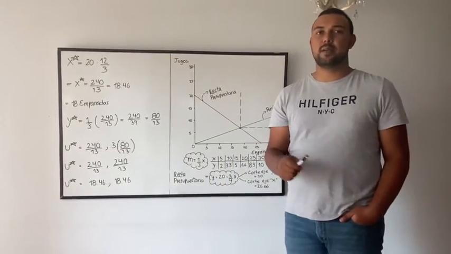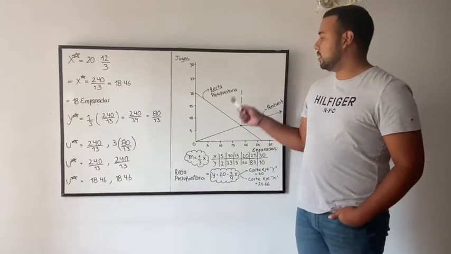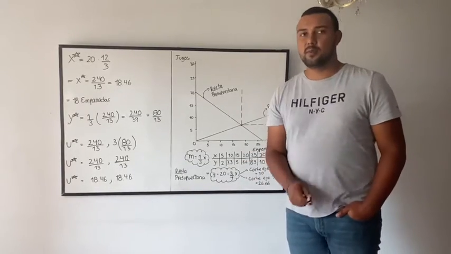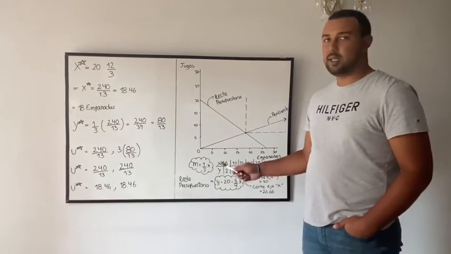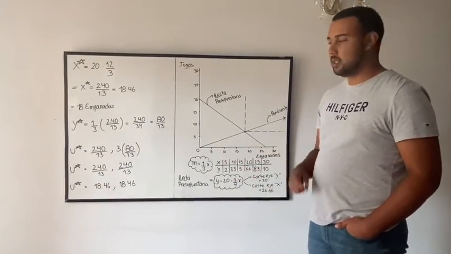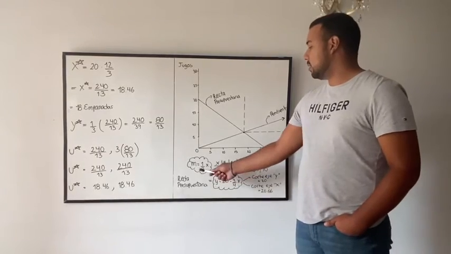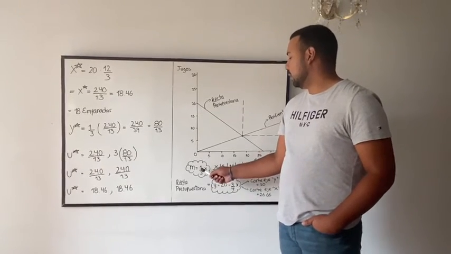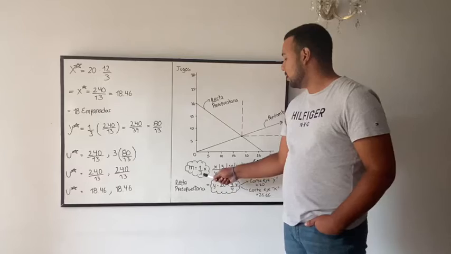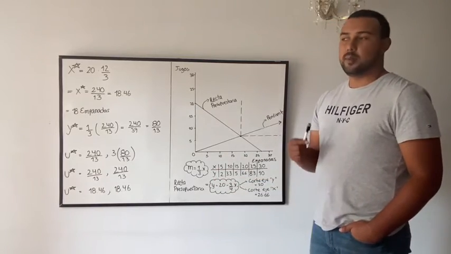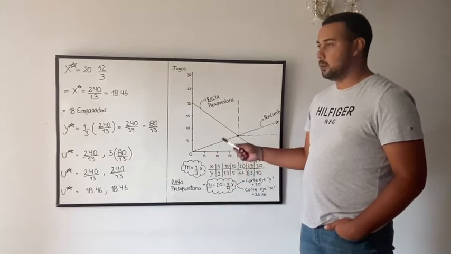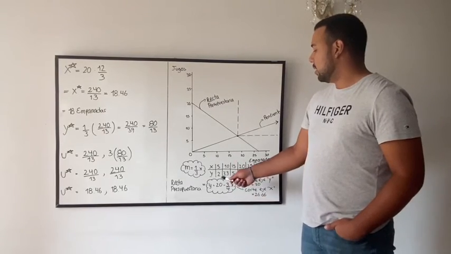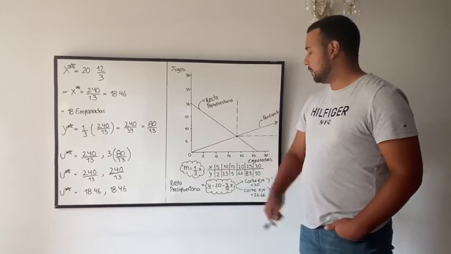I'm going to explain how we find this graph. First, we solved this with the formula that we gave previously. This formula is equal to 1 divided by 3 multiplied by x. Before that, I made this table and I put some numbers to replace in the formula.